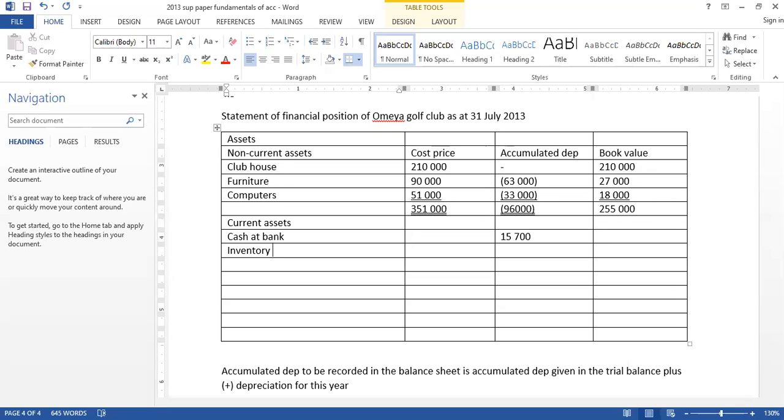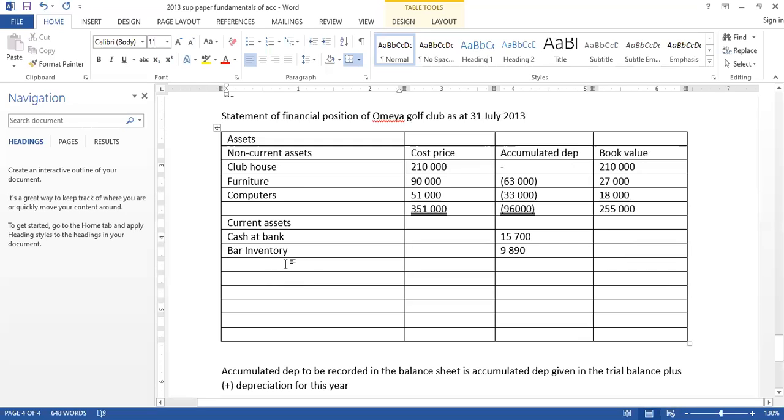Ne? We do not separate them anymore, everything together. So we have bar inventory, and our closing inventory is 9,890. So we have 9,890, and then we move on.